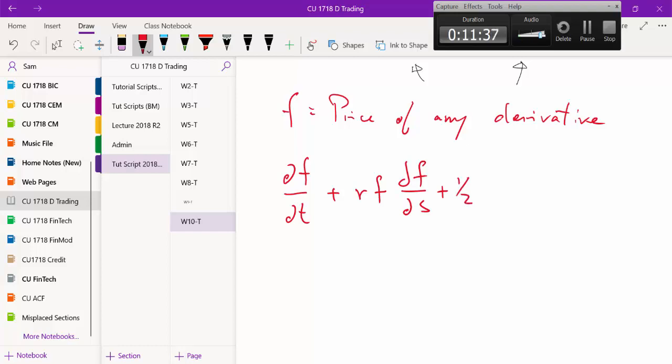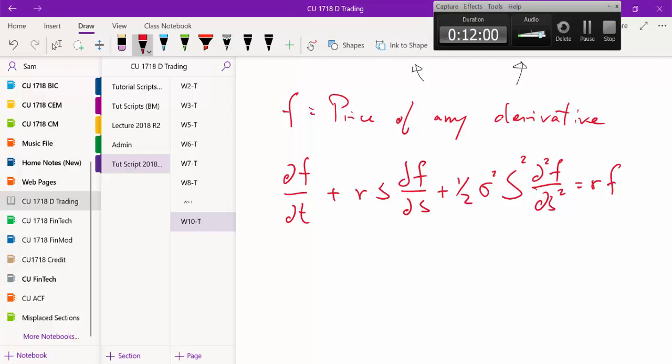Hold on a second. Sorry, rS. Yeah. Plus a half sigma squared S squared d2f dS squared is equal to rf.